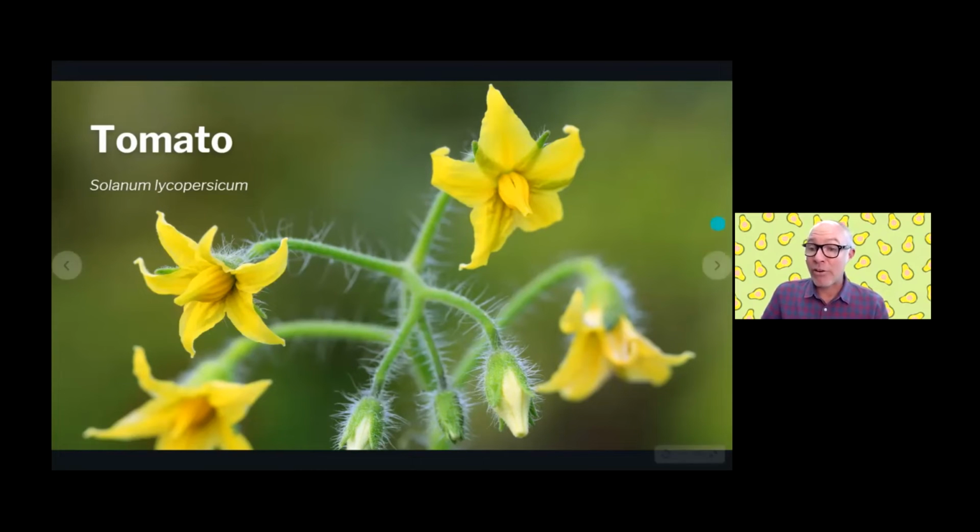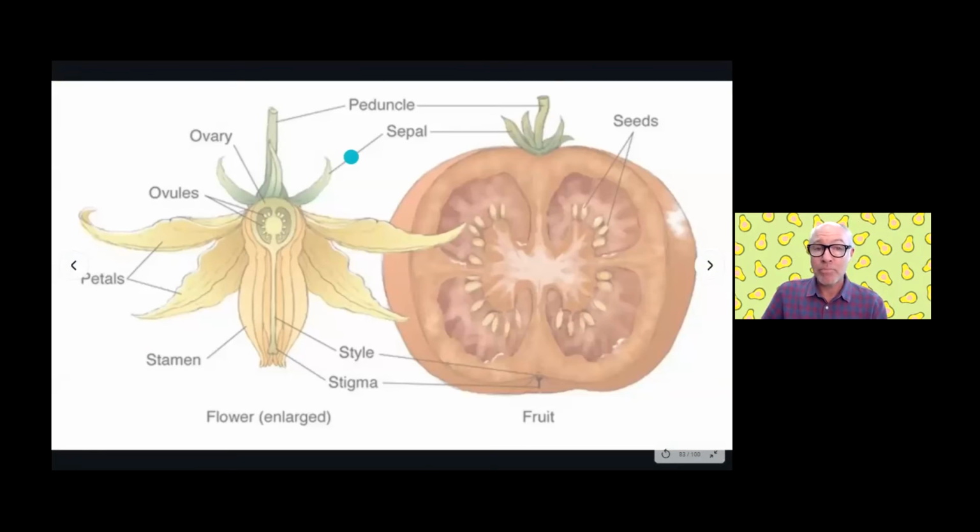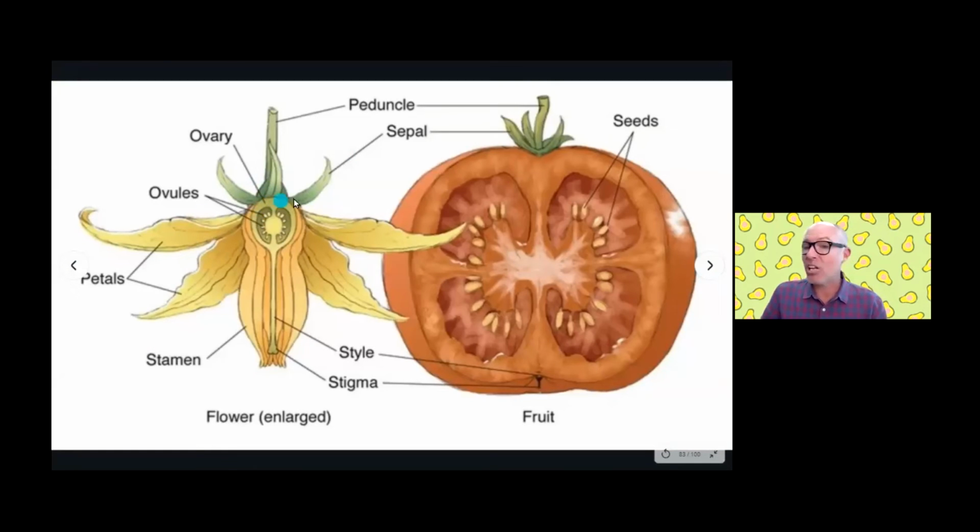We have this flowering plant known as tomato, Solanum, again, Solanum. We have a cross section, a longitudinal section of the flower here, and we have all the flower parts labeled for our scientific study, but this is the one to focus on, the ovary. Inside the ovary are the egg cells, and the egg cells become the seeds, and the ovary becomes the fruit.